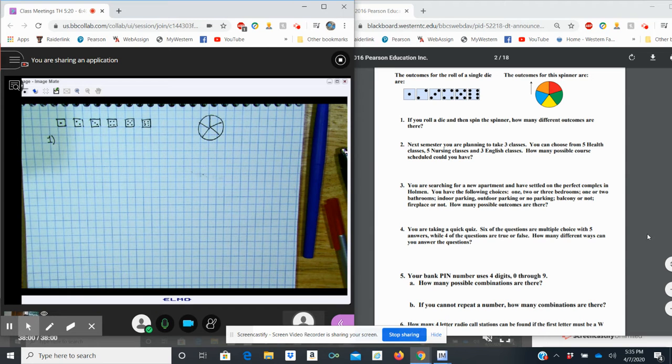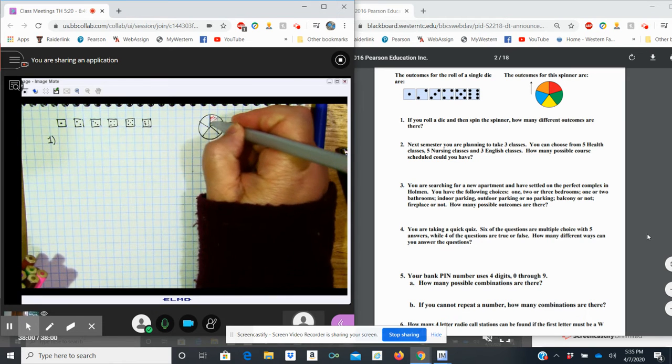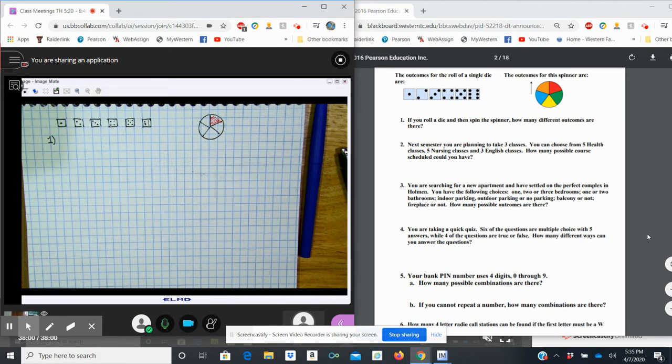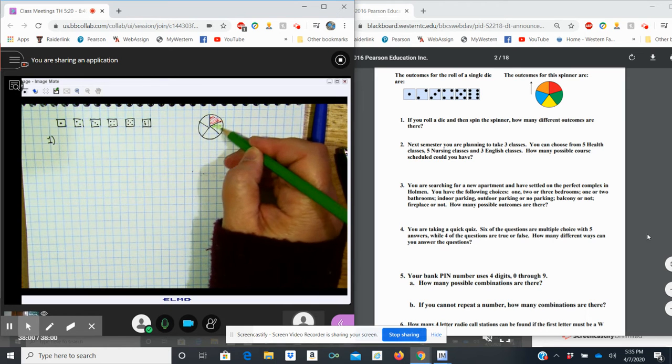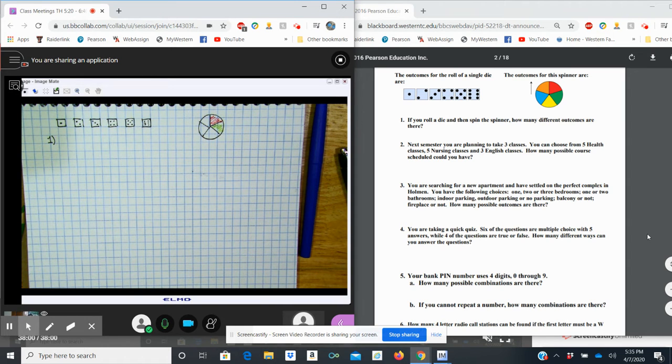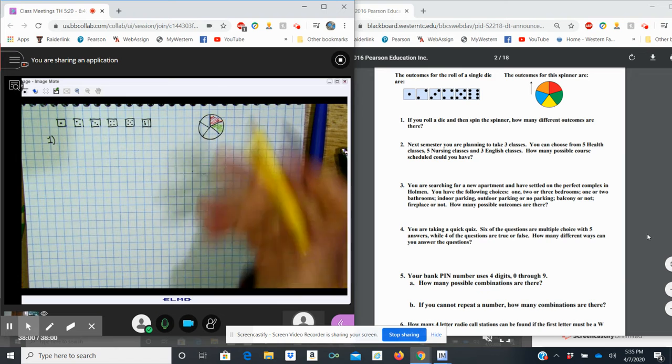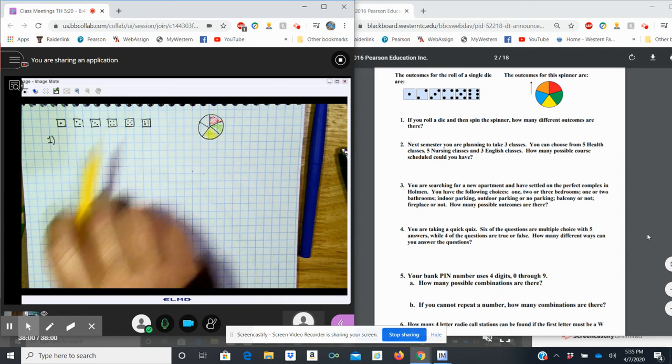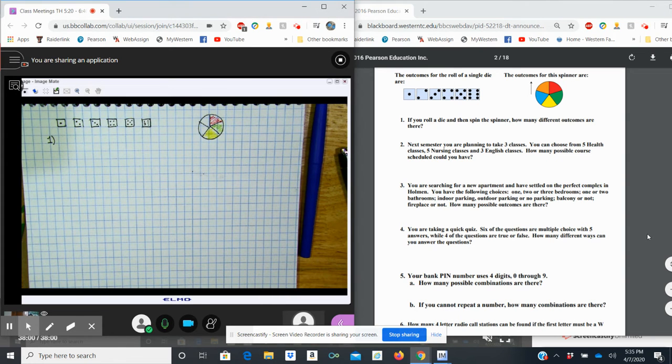And that spinner has, oh, I'm missing a row. Okay, that's fine. Spinner has a red, a green, a yellow, a blue, and an orange.